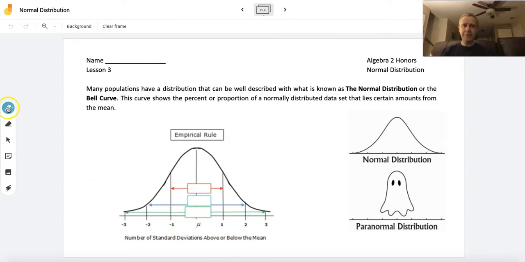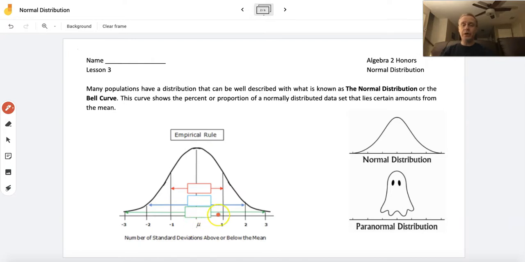Based upon how far we are above and below the mean, with normally distributed data there's a certain percent of data that always falls within these standard deviations away from the mean.